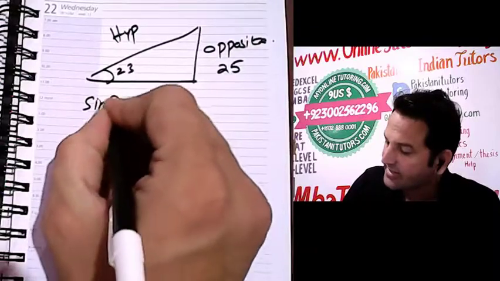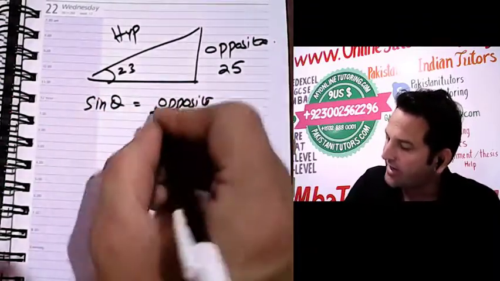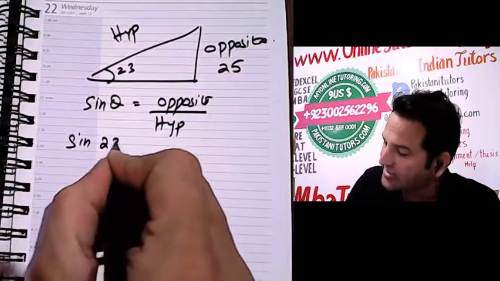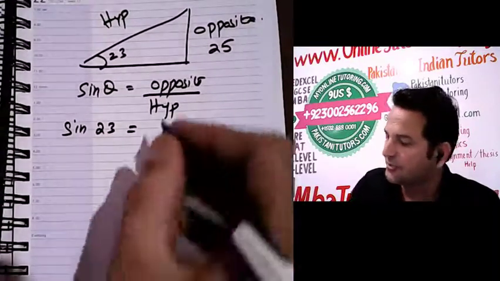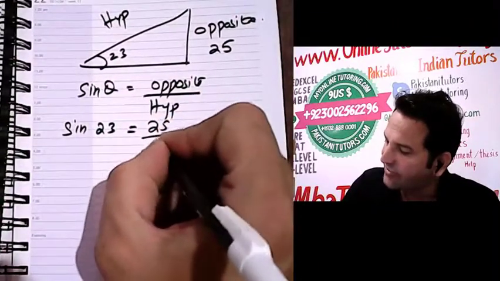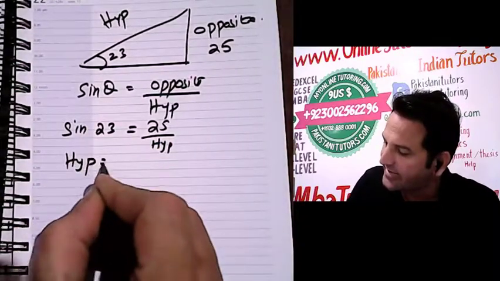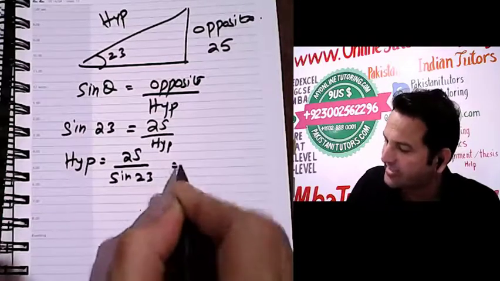Sine theta will be opposite over hypotenuse. So sine 23 equals 25 over hypotenuse, and the hypotenuse will be 25 divided by sine 23.